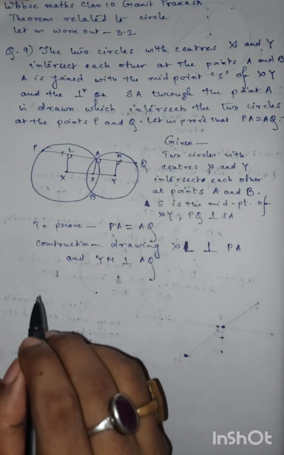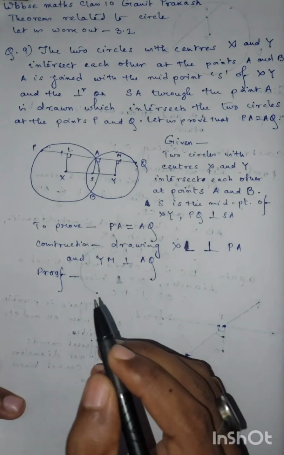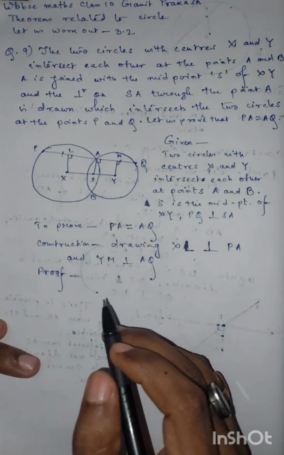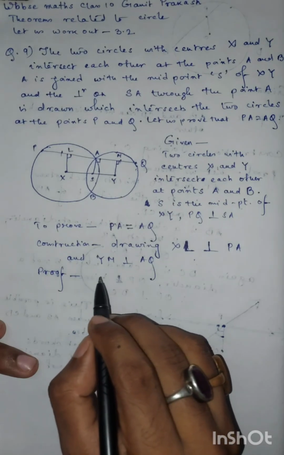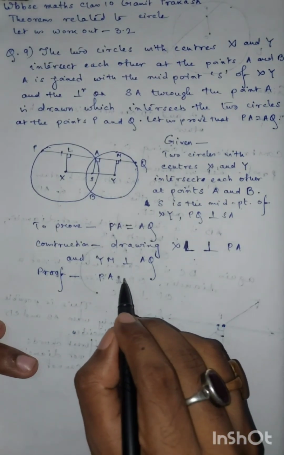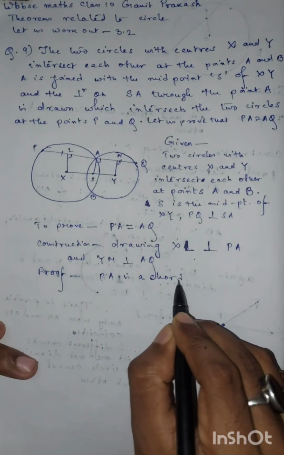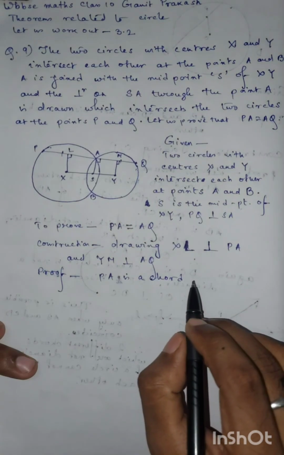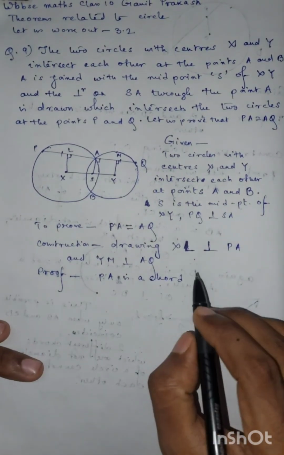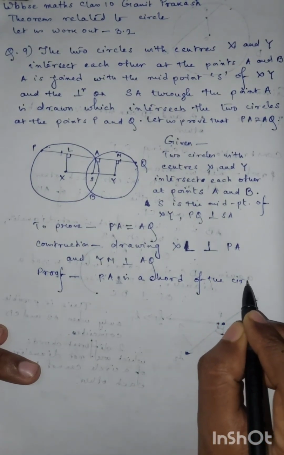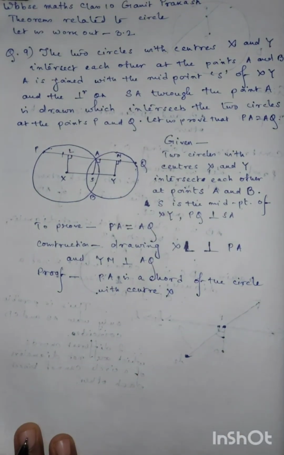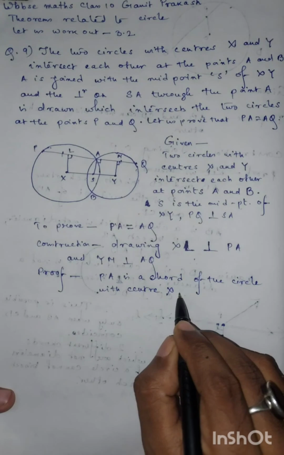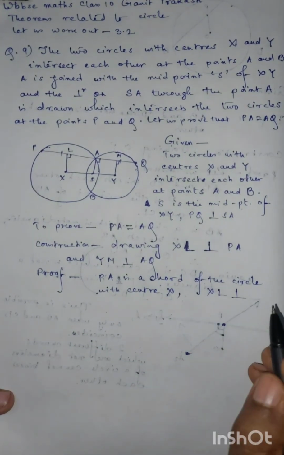Proof. PA is a chord of the circle with center X. XL is perpendicular to PA.